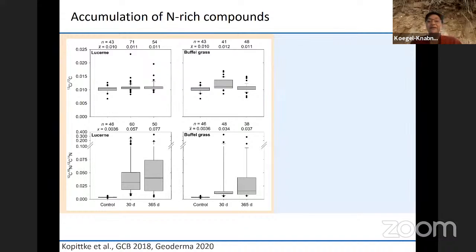But when we say organic matter always starts to accumulate at points where there is already organic matter, this would mean there can't be really growth. So I would like to refer to two very nice papers by Peter Kopitke from Australia.